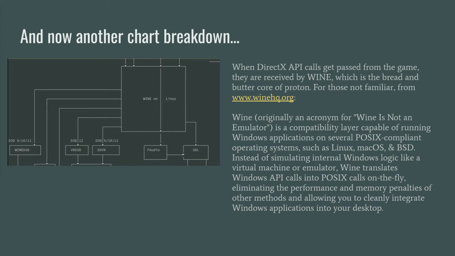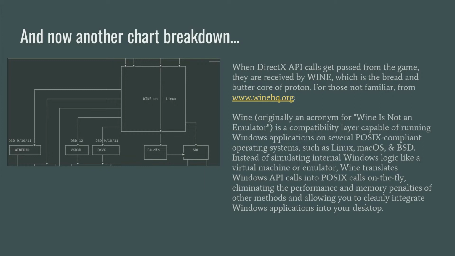So before VKD3D and before DXVK existed, that's how games would get translated. They would translate the DirectX calls to OpenGL through WinD3D. Nowadays, especially with Proton specifically, we use DXVK and VKD3D for translating those DirectX calls to Vulkan.